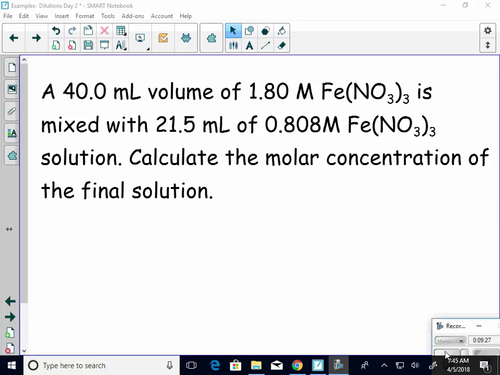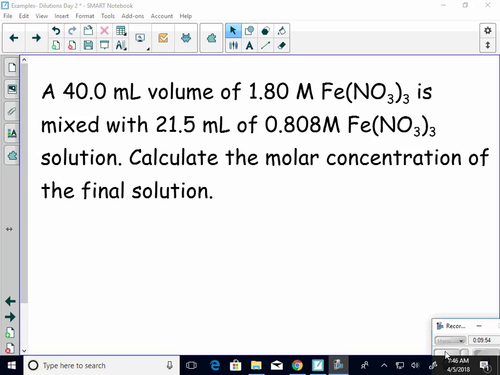A 40 milliliter volume of 1.80 molar iron 3 nitrate solution is mixed with 21.5 milliliters of a 0.808 molar iron 3 nitrate solution. Calculate the molar concentration of the final solution.